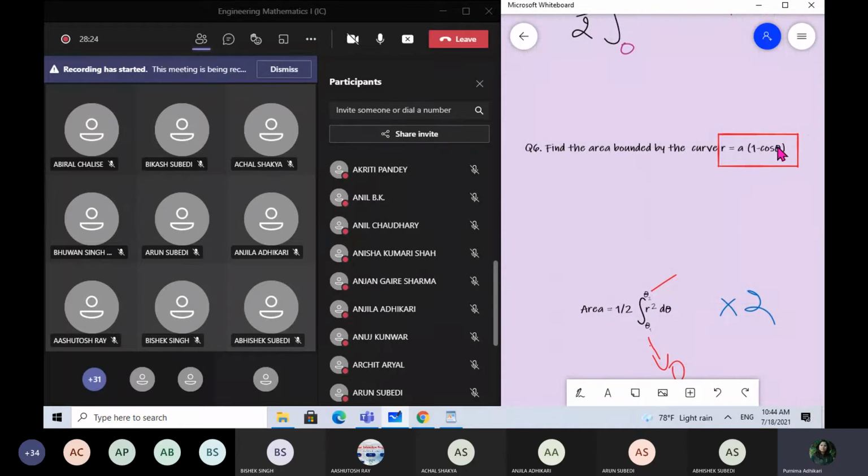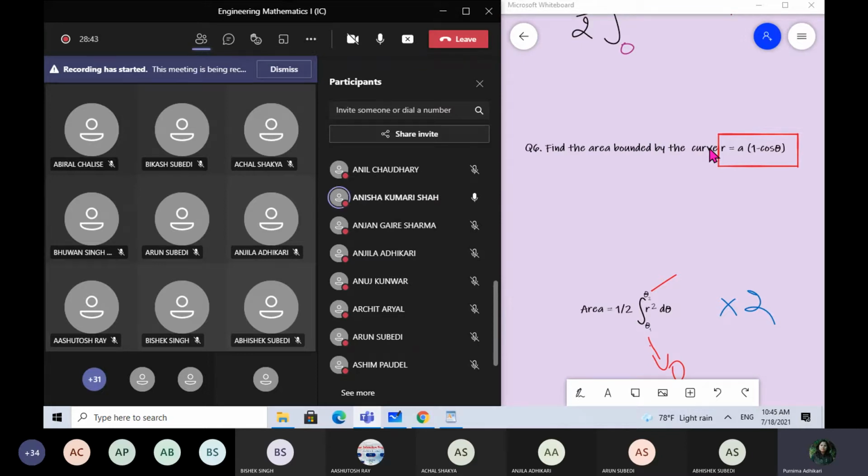Which curve is this? Yes, Anisha Kumari. Ma'am, cardioid. Cardioid. What limits of integration will you take and how much will you multiply by? Can you think about it?